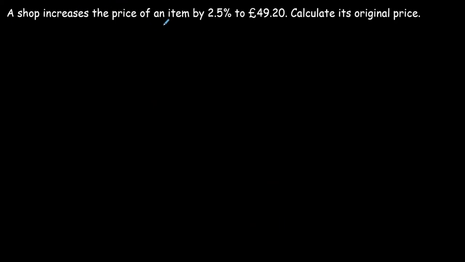A shop increases the price of an item by 2.5% to £49.20. Calculate its original price. So this is another increase question. So this represents 102.5%. And then we just proceed as usual.